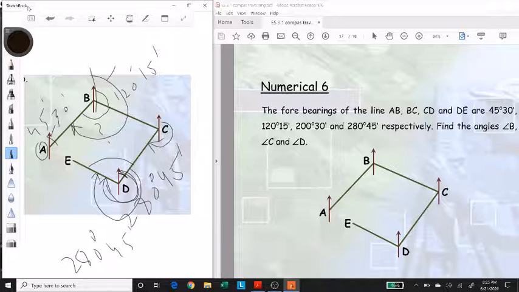Now the fore bearing of the line CD was given, which was 230°30'.